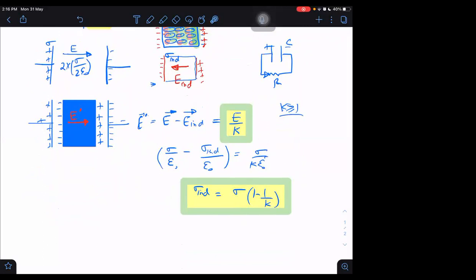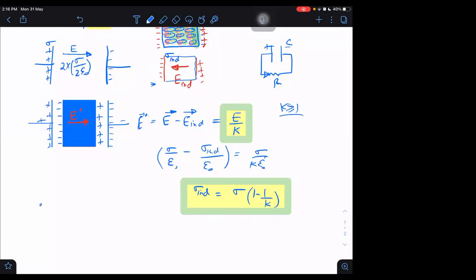No. The field due to the charge distribution will always be sigma induced upon epsilon naught only. By Gauss law we can find out, and it will come out the same. Why would it be different? The laws are the same. Yes, sir. These laws don't depend on the medium.